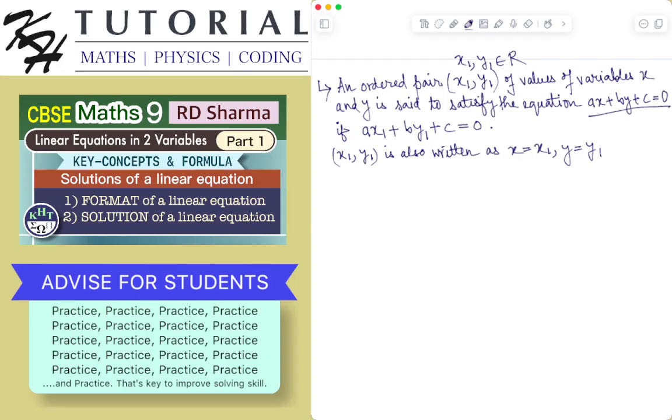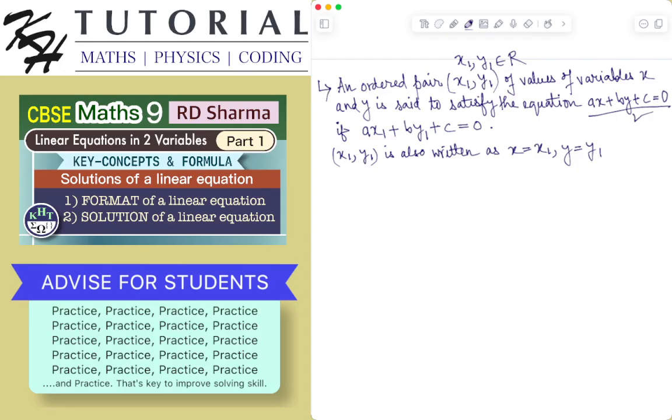In the ordered pair x1 comma y1, x1 represents the value of the variable x and y1 represents the value of the variable y. In the standard format the RHS is always 0, so I must have ax1 plus by1 plus c equals 0.